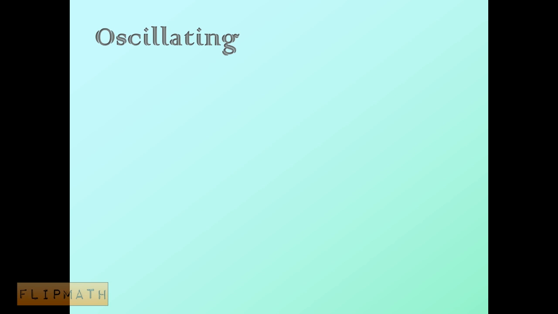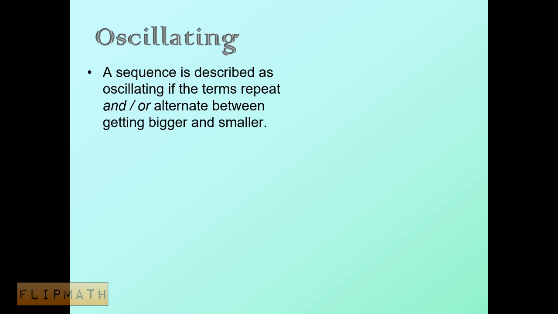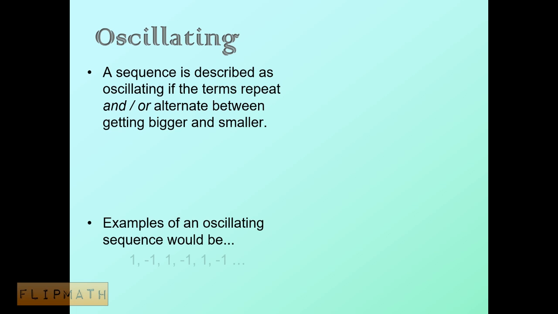The first one we're going to look at is oscillating. A sequence is described as oscillating if the terms repeat and alternate between getting bigger and smaller. Examples would be 1, -1, 1, -1, which goes between positive and negative. Similarly, 7, 5, 3, 5, 7, 5, 3, 5 constantly goes up and down.